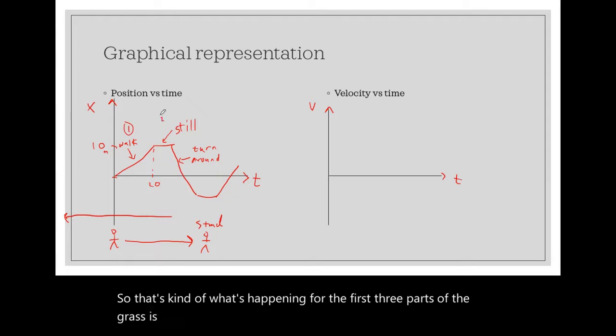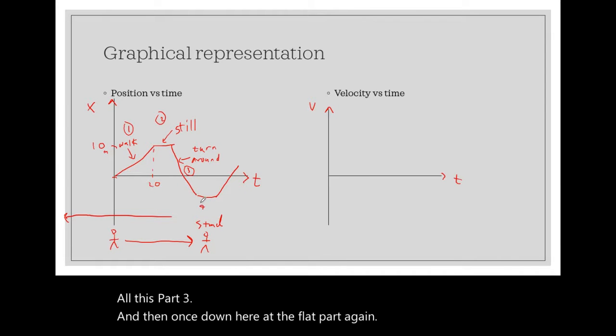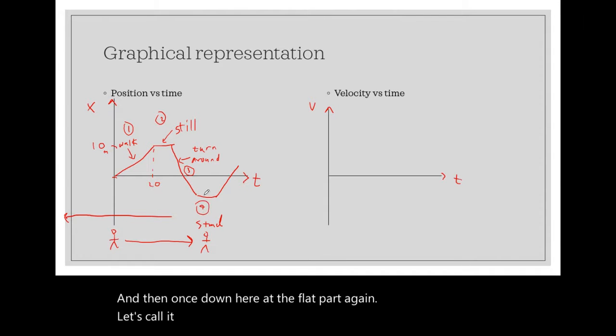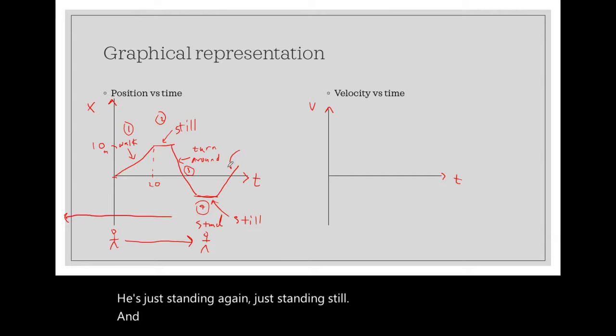Let's call this part 1, this part 2, and this part 3. And then down here at the flat part again, let's call that 4. That's a flat line, so you can imagine he's just standing still again. And then here he's walking again. Okay, so that's not too bad.